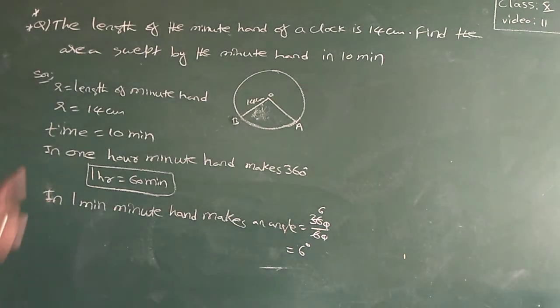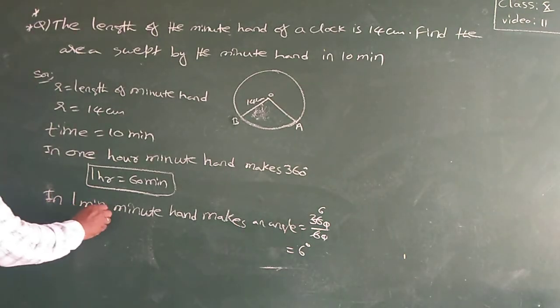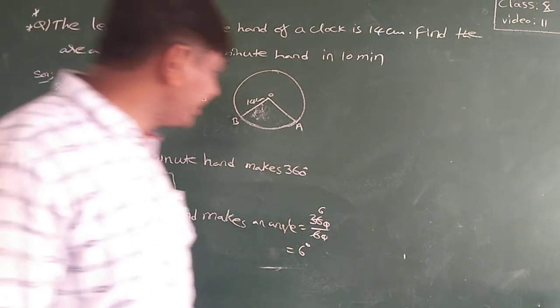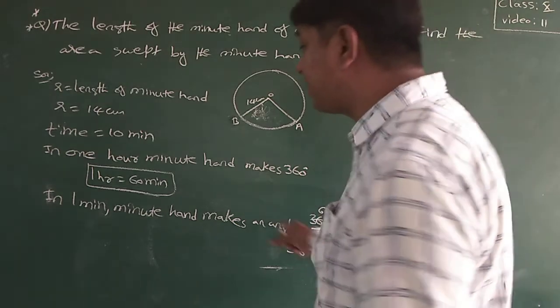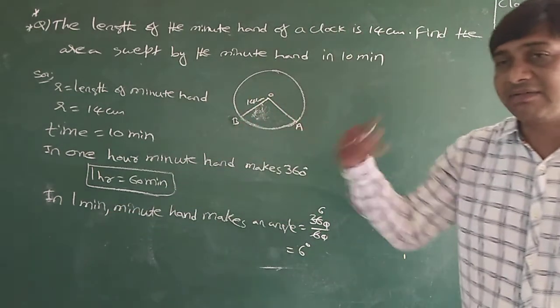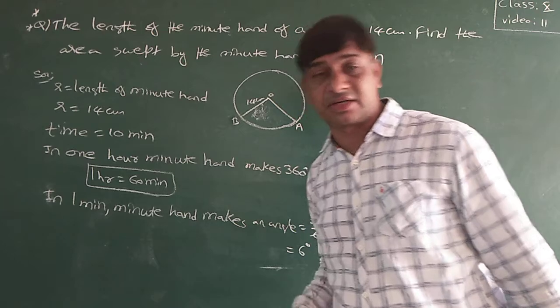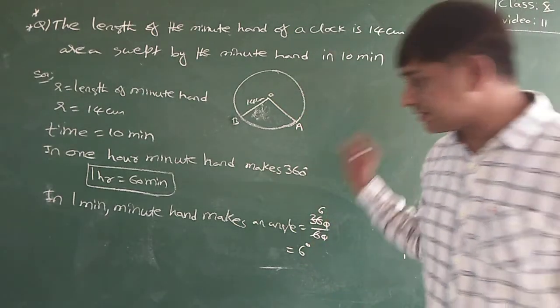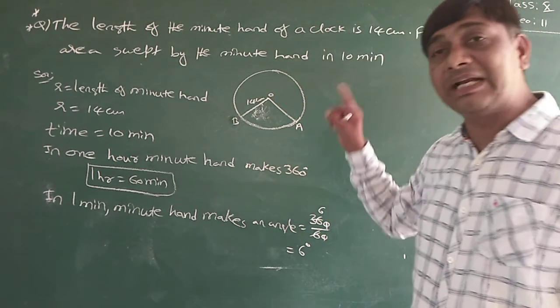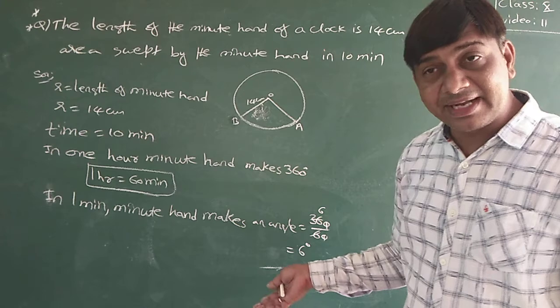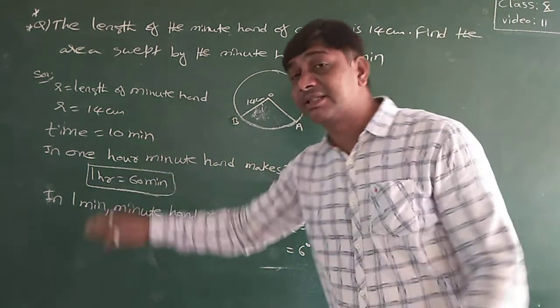In 1 minute, the minute hand makes an angle equal to 6 degrees. Please correct that. Here I was doing the 1 minute calculation, but I wrote the sentences wrongly as 60 minutes. The calculation was correct only.